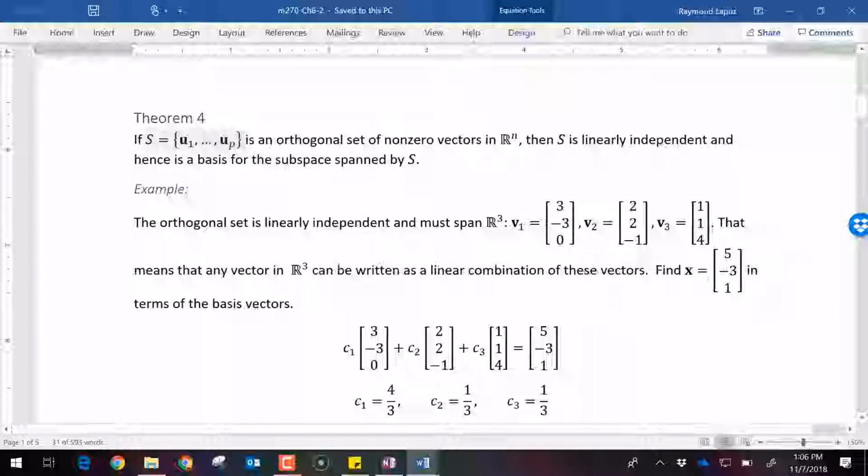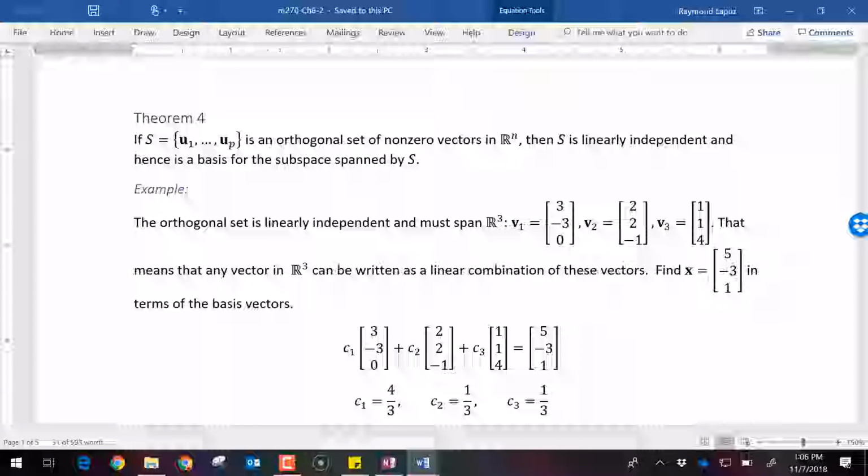Theorem 4 says that if I have an orthogonal set of vectors, then necessarily, because they're all orthogonal to each other, they are all linearly independent. And because they're a linearly independent set of vectors, they actually form a subspace. So the span of all those vectors forms a subspace.